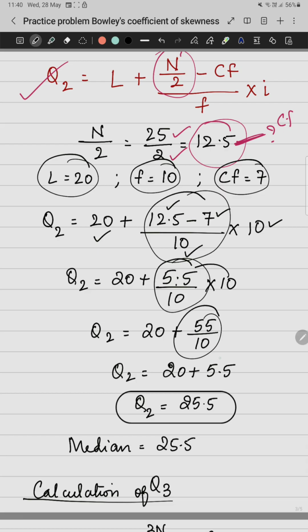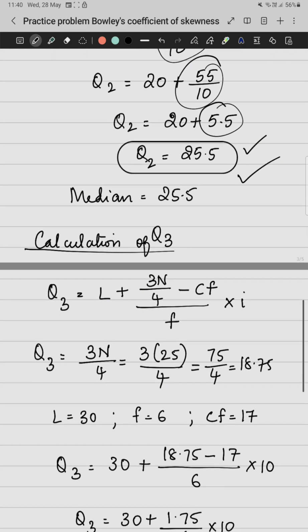Then 55 divided by 10 is 5.5. 20 plus 5.5 is 25.5. Remember, you can solve it the other way around also. You can write 5.5 divided by 10 and then multiply it with 10, whatever is convenient for you. So Q2 is 25.5.